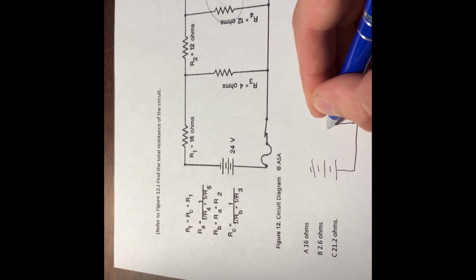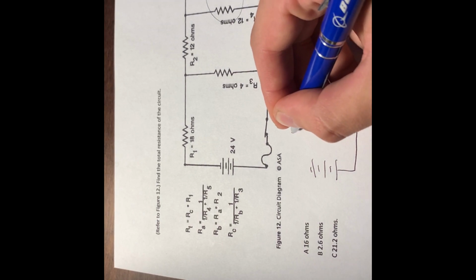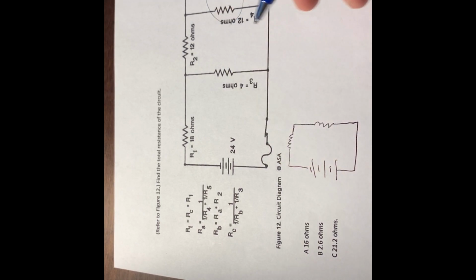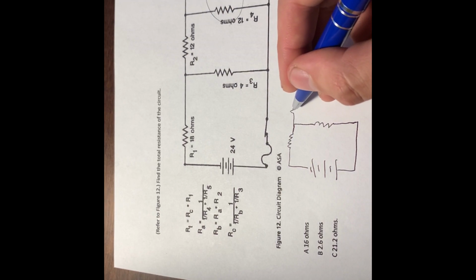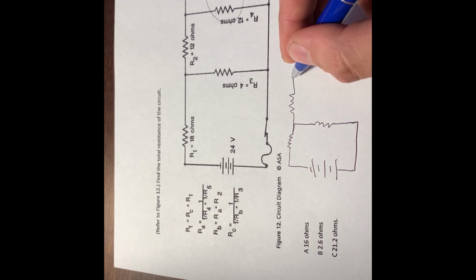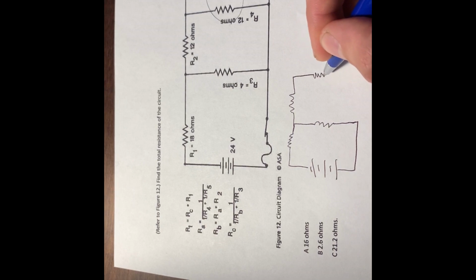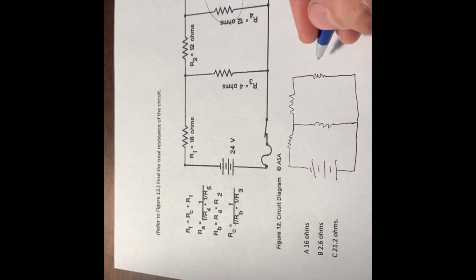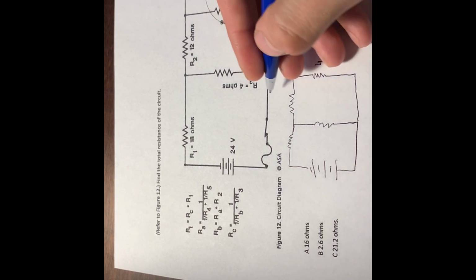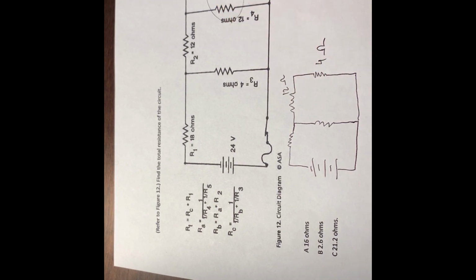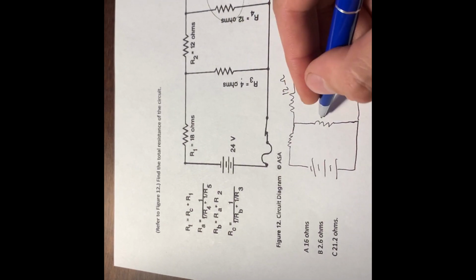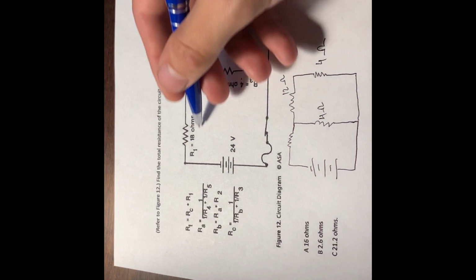We have this, and this is the one we just combined, which gave us 4 ohms. We have 12 ohms, another 4 ohms, and 18 ohms.